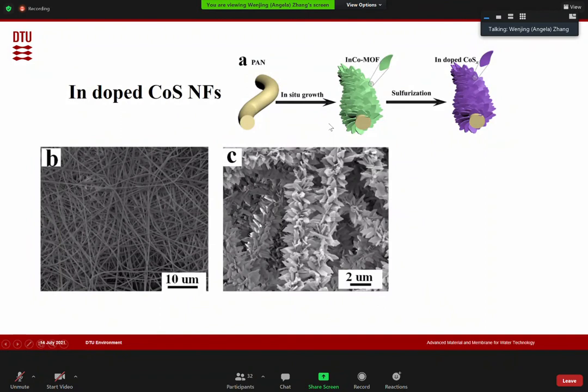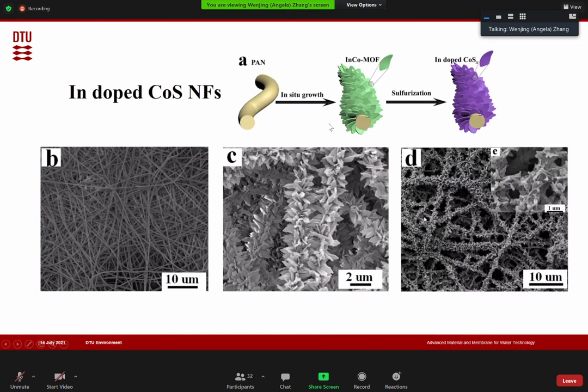After that, we do the sulfurization, so you will get an indium-doped copper sulfide. The structure slightly changes, but you can still see that each nanofiber is fully covered by this catalyst material.